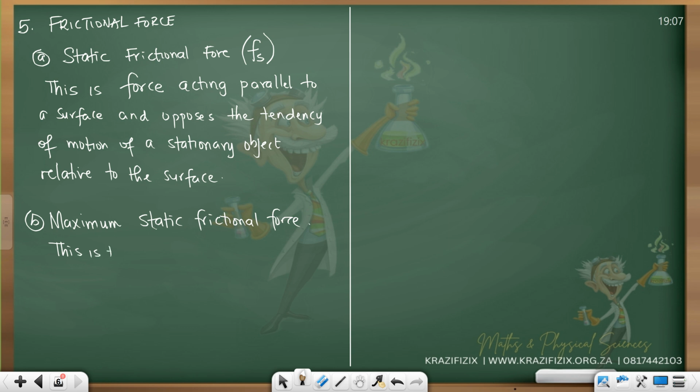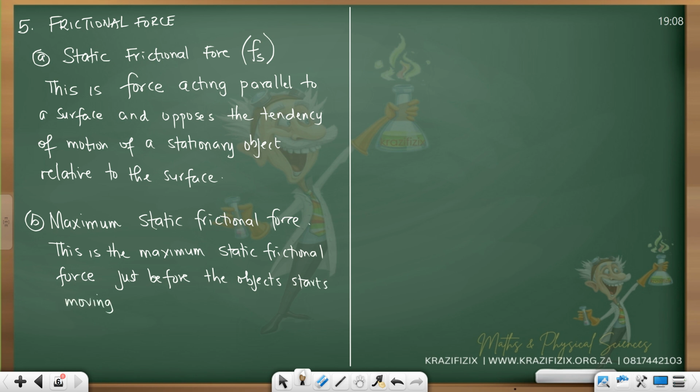This is the maximum static frictional force just before the object starts moving across the surface.